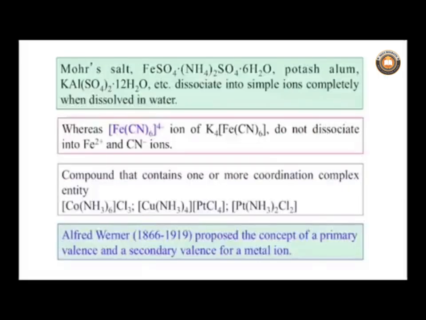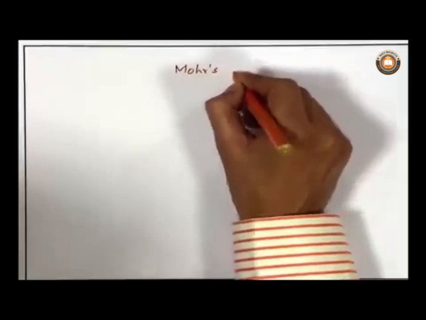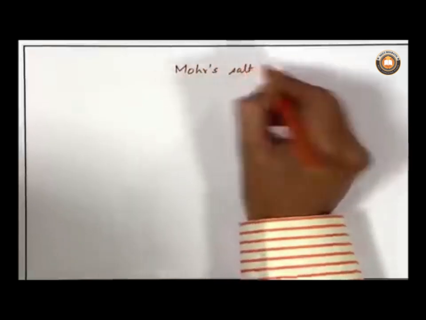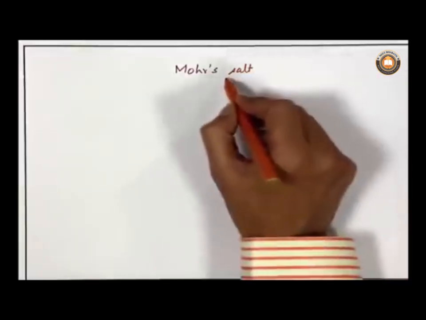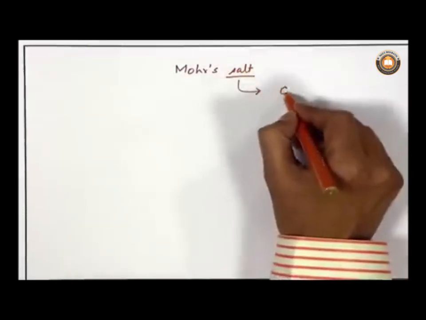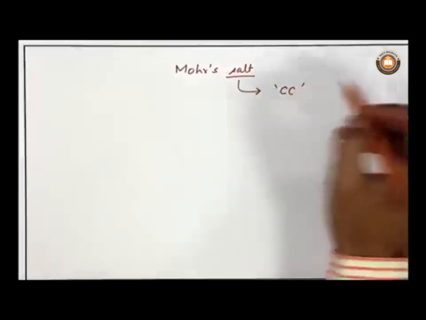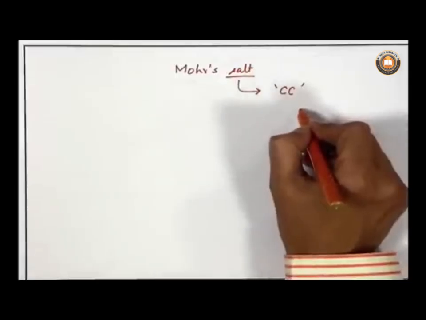We will now take the example of a compound we all know from laboratory classes, which is Mohr's salt. We consider it a salt, and we ask ourselves whether we can label it as a coordination compound, whether some coordinate bond is forming over there.